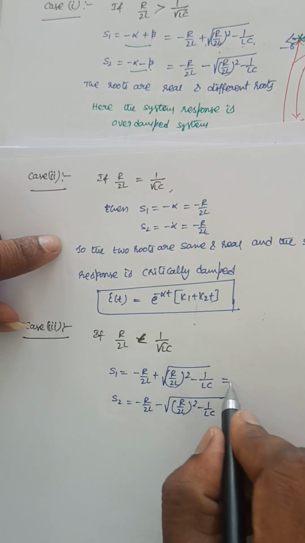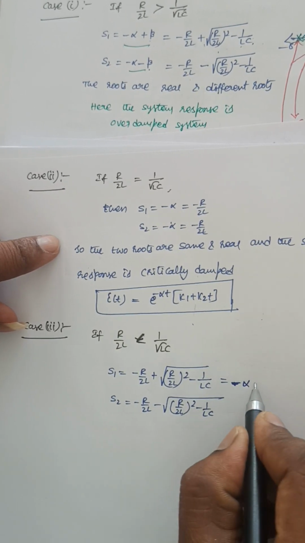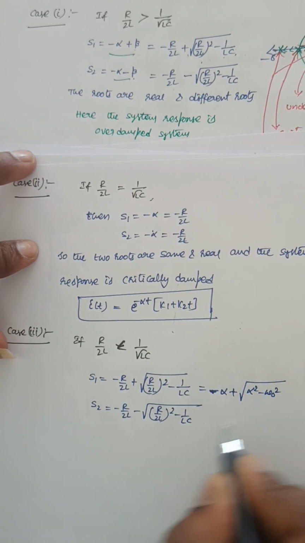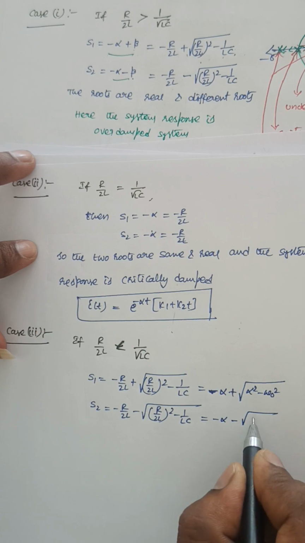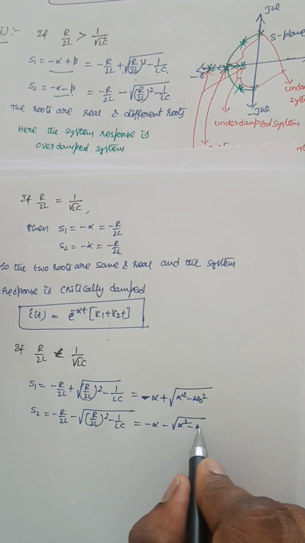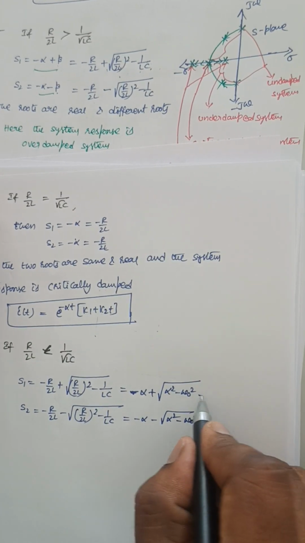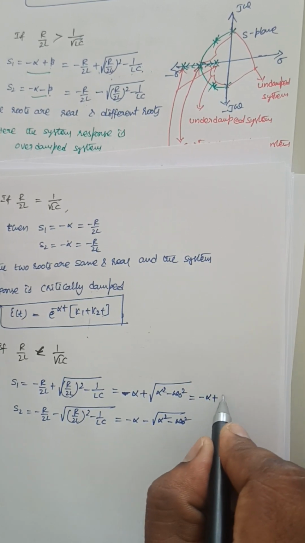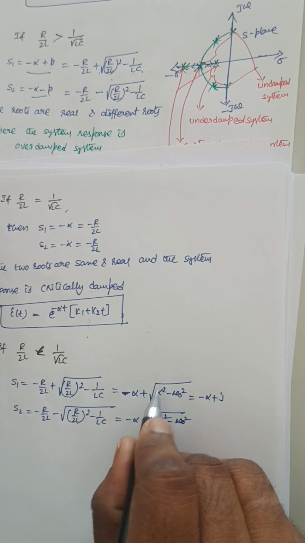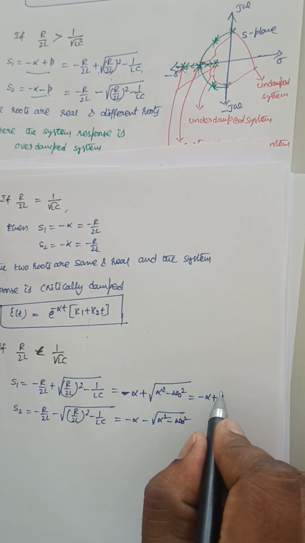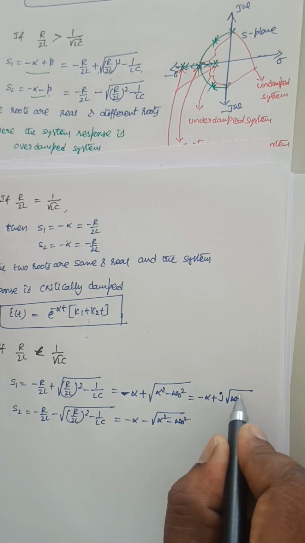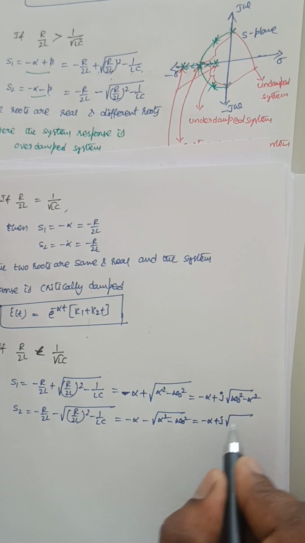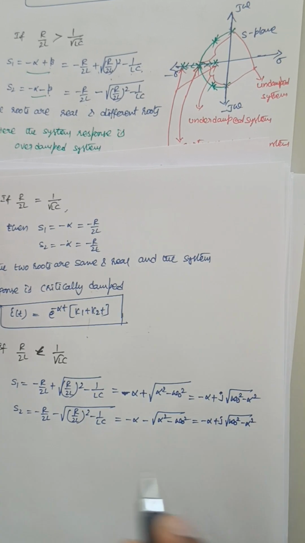We know that it is minus alpha plus square root of alpha square minus omega naught square, and minus alpha minus square root of alpha square minus omega naught square. So if I take the negative sign out, square root of minus 1 is j, so it is minus alpha plus j into square root of omega naught square minus alpha square.